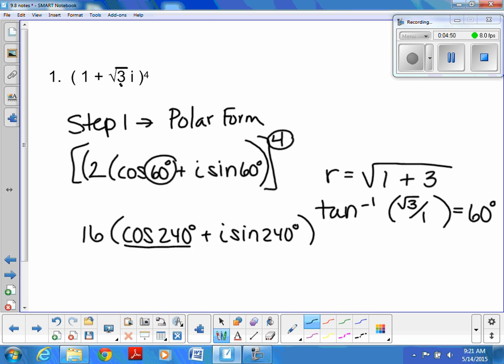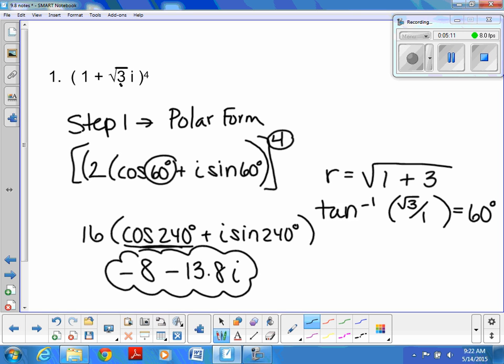So, whatever the cosine of 240 is on your calculator, multiply it by 16. This ends up being a negative 8, I think. And this ends up being a negative 13.8, I guess. I let them use the calculator last year. Final answer.